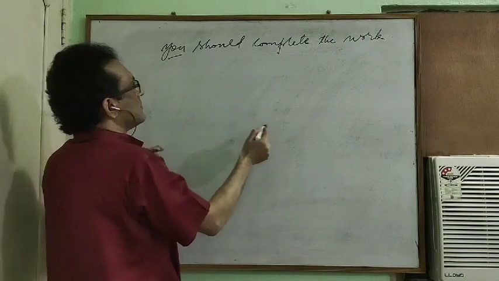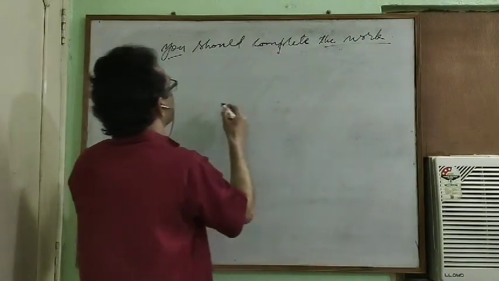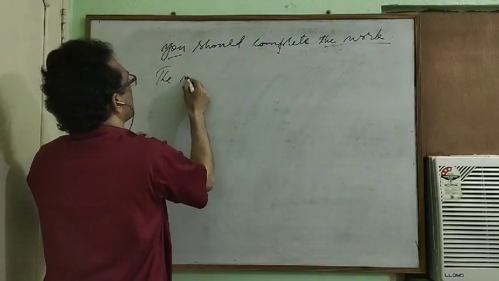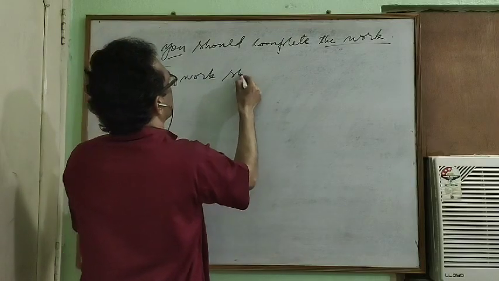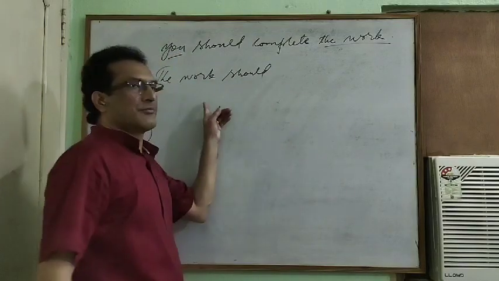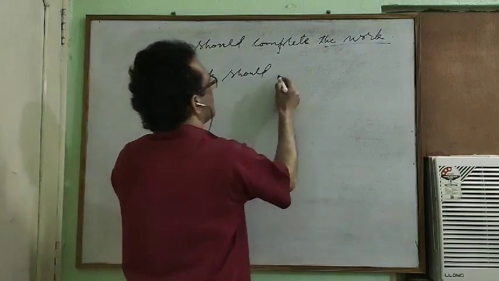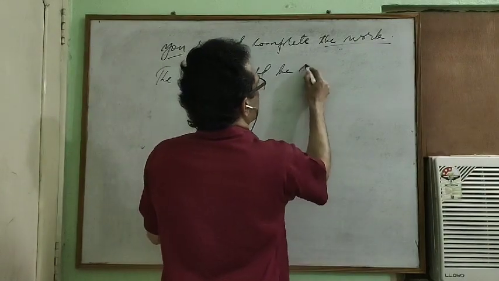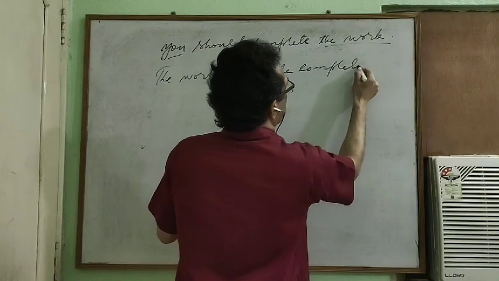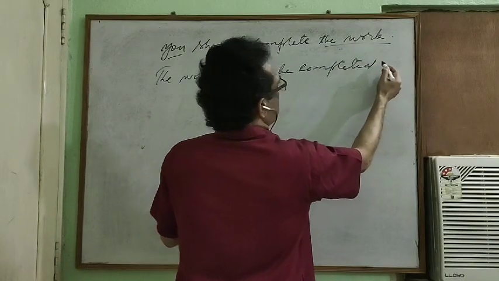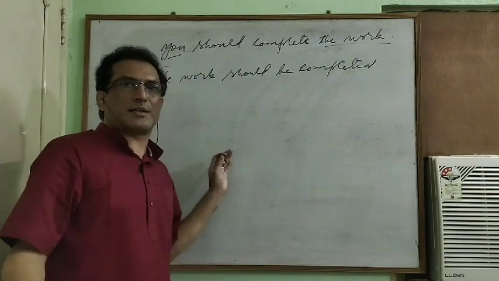Here the object is the work. The work should, and the form of be is be itself, because with all modals we use be itself: should be plus verb 3, completed, and by you is understood.